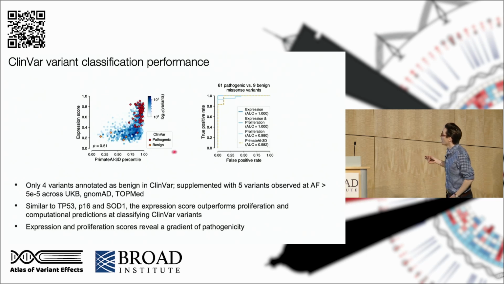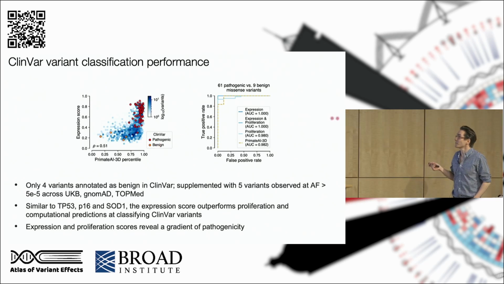And similar to the previous genes we characterized, we essentially obtained a perfect classifier for these variants based on the expression score, but also very good performance with the other predictors here, including computational predictors from PrimateAI.